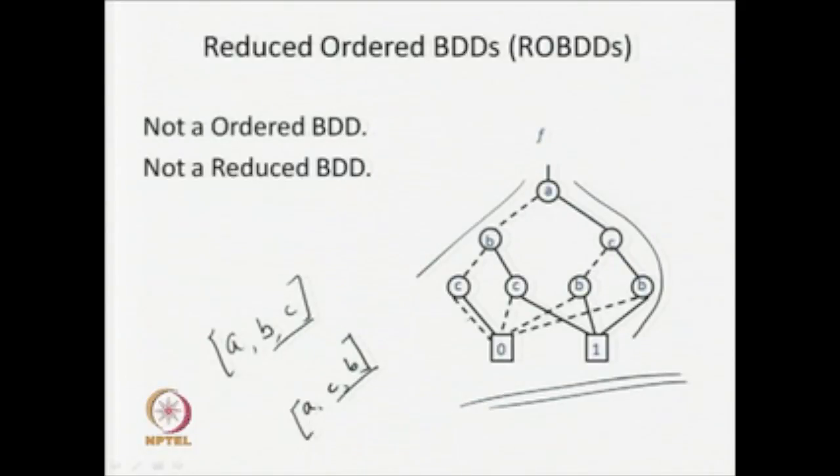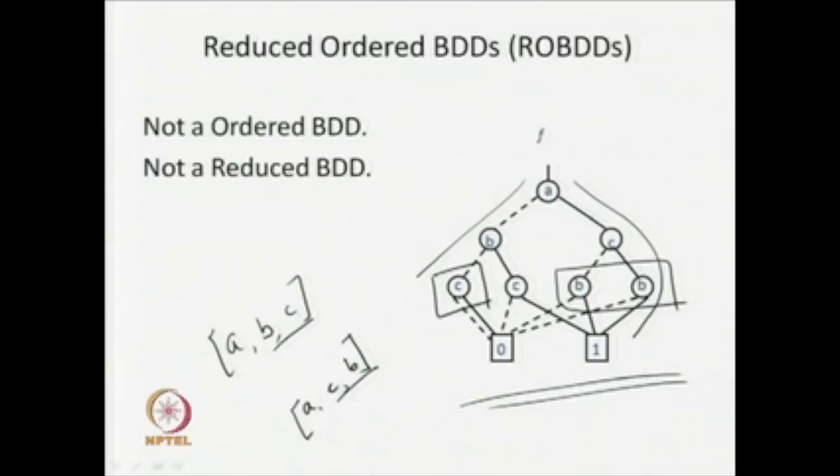Secondly, we are saying that this is not a reduced BDD. Why? You can see some instances. Look into this particular node C. We have a redundant test there: whether C equals 0 or C equals 1, it is evaluating to 0. That means, this is a redundant test, and it can be removed. Secondly, if you look at these two nodes, B equal to 0 evaluates to 0, here also B equal to 0 evaluates to 0.